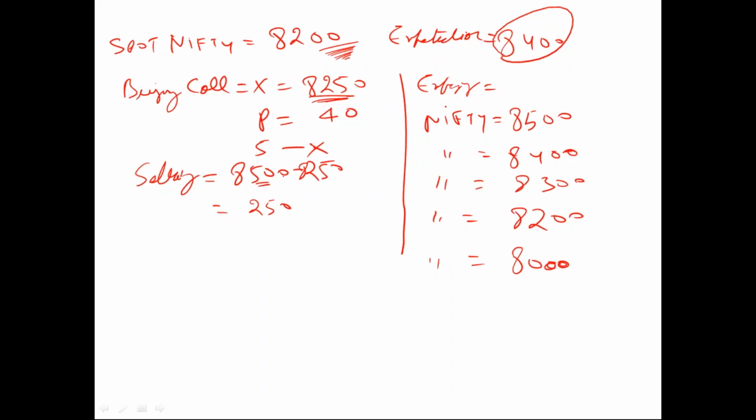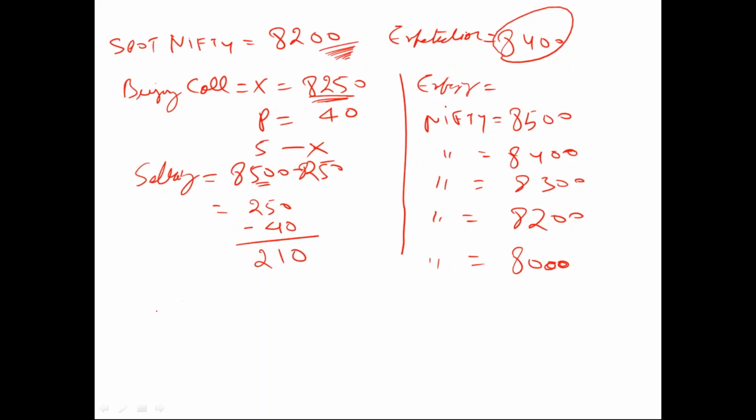And I'm selling when the market is at 8,500. So the intrinsic value here will be 250, or you can say this is my payoff. And what will be my profit? I have paid a premium of 40. So my profit would be 210.